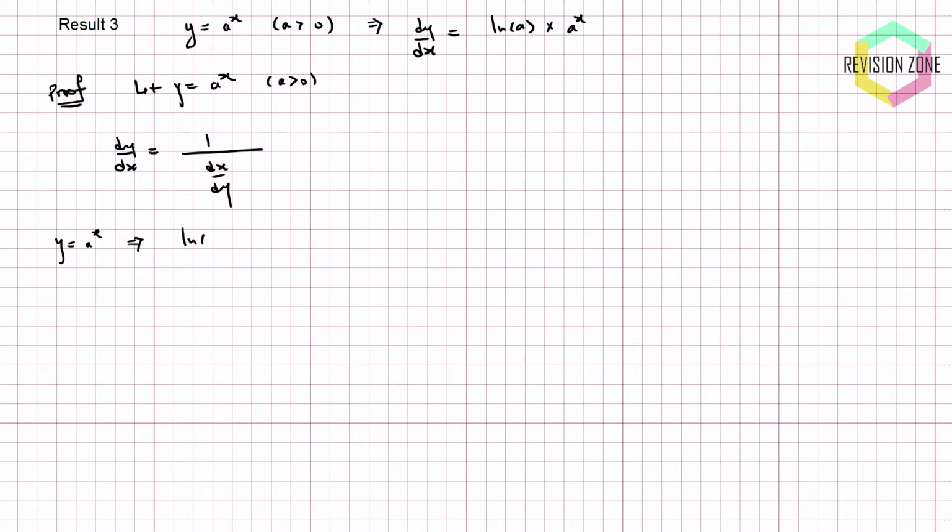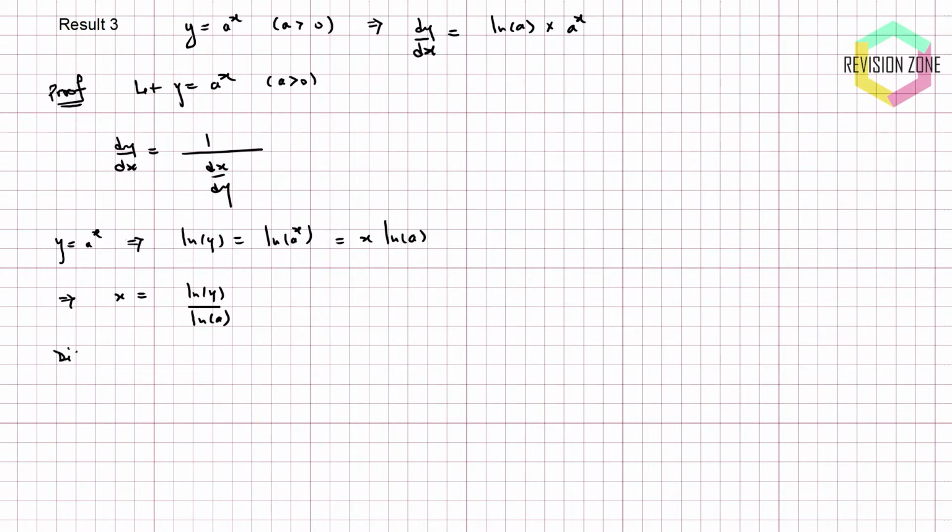I'm just going to take logs of both sides, log of a to the x, and of course, using one of the properties of logs, you can bring the power down, and at this stage, I can rearrange this to say x equals log y over log a. And I now have a function in a suitable form that I can differentiate.